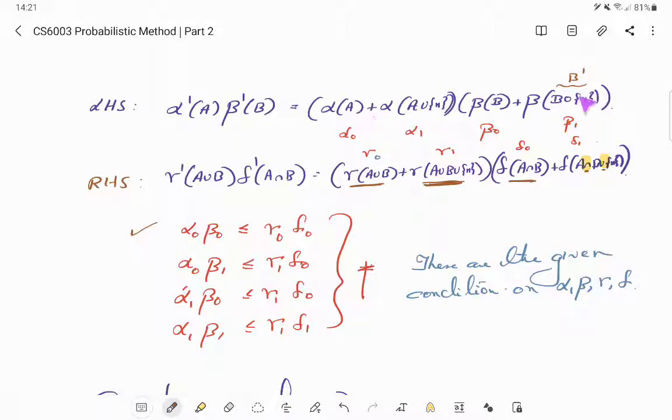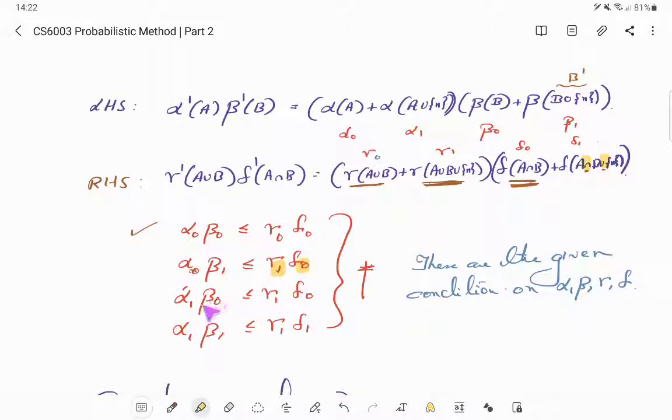But A does not contain N, so A intersection B prime is just A intersection B. So you get gamma 1, delta 0. Remember, there is a change of index here: alpha 0 beta 1 is bounded by gamma 1 delta 0.